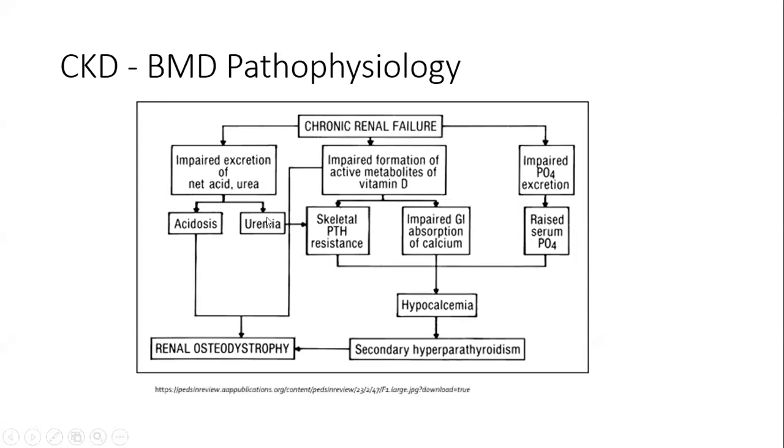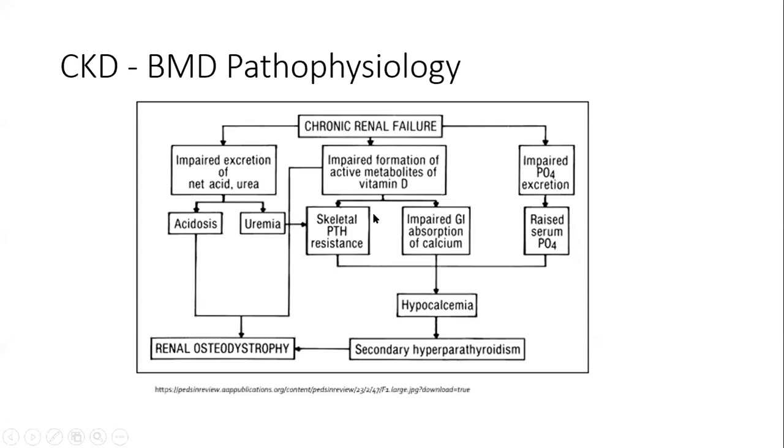If you have uremia, it will affect the muscle and cause pain because it degrades muscle. Uremia will also cause insulin resistance, and you don't have good nutrition, so it affects the mitochondria. It also causes skeletal parathyroid hormone resistance.